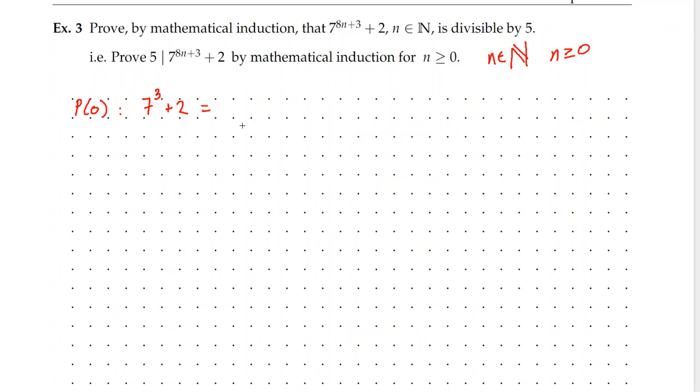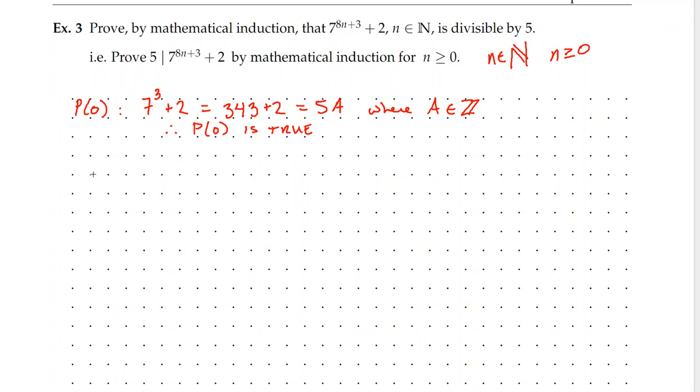I can use a calculator to help me out, or I could know that 7 to the third power is 343, plus 2, which is equal to 5 times some value, where that value is some integer. So therefore, our basis case is true because 7^3 + 2 is divisible by 5.